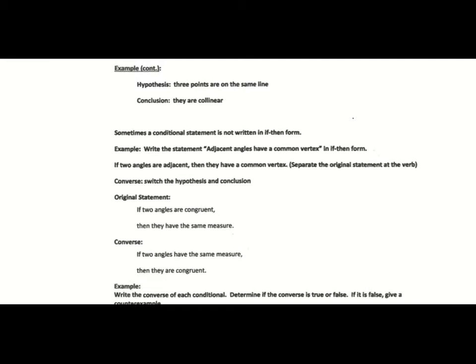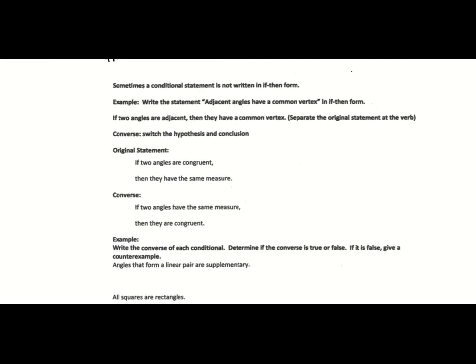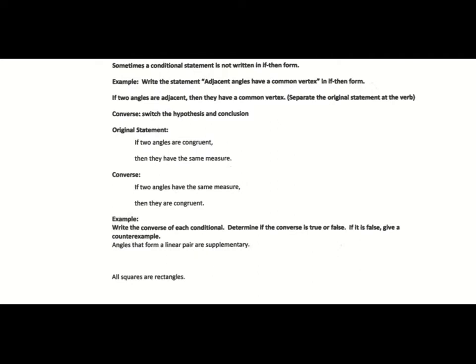Okay, sometimes not all conditional statements are written in this if-then form. So if we have a statement like this, adjacent angles have a common vertex, and we want to change that to the if-then form, this is how we do it right here. If 2 angles are adjacent, then they have a common vertex.